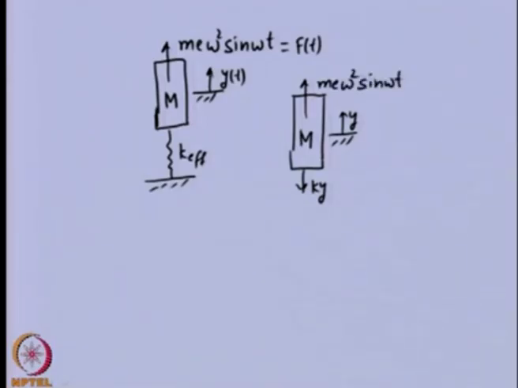Gravity effect we have neglected, assuming that the reference is chosen from the static equilibrium position. Apart from this, there will be an inertia force acting. Now we can write the force balance: the sum of external forces is equal to mass into acceleration.